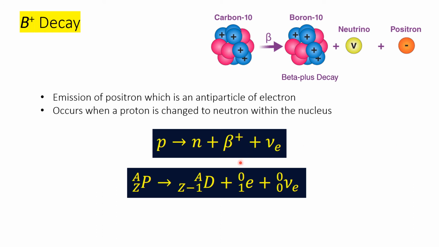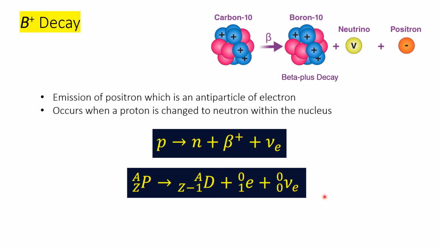In your beta plus decay, for example, carbon 10 decays to boron 10, it emits a neutrino and it also emits a positron. So you have the emission of positrons, which is an antiparticle of the electron, and it occurs when a proton is changed to a neutron within the nucleus. So what you see here in your beta plus decay is that your proton decays to a neutron, and it emits your positron, your beta plus particle, plus your neutrino nu.